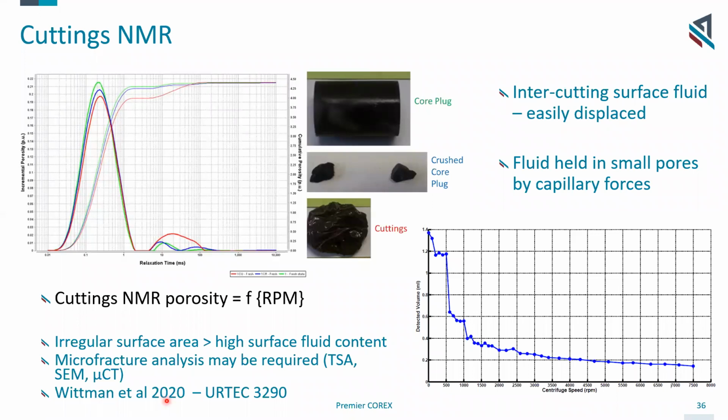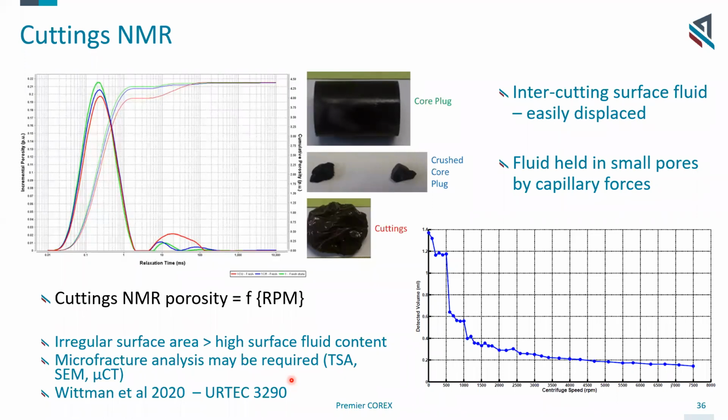It was published last year from the URTeC paper 3290. There is also quite a nice little presentation on YouTube by Brett Whitman, explaining what they did and how they married the NMR data to the chemostratigraphy mineralogy.